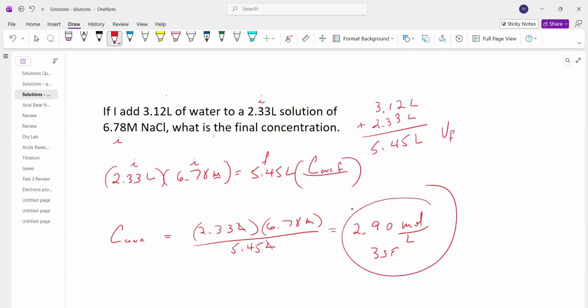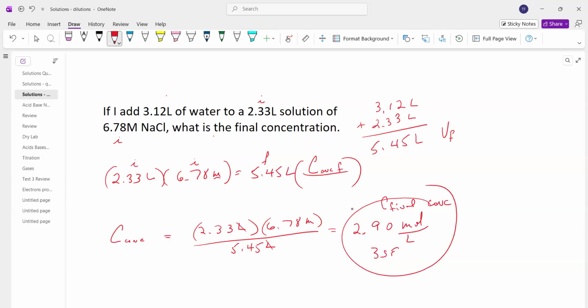So that's our final concentration. So we went from 6 down to 2. Basically, a dilution problem, just different parameters are missing.